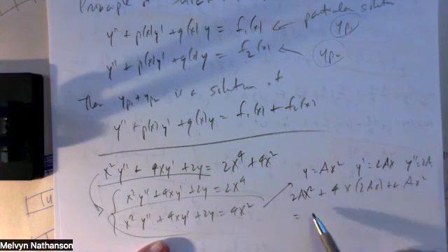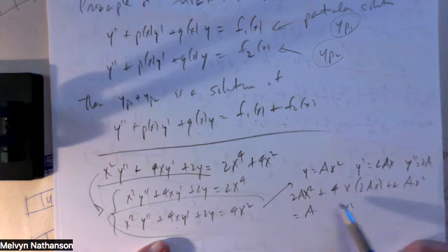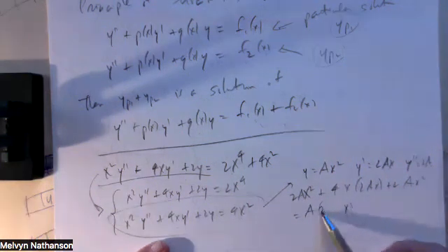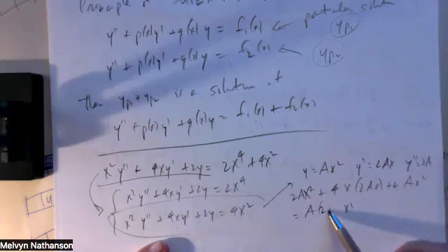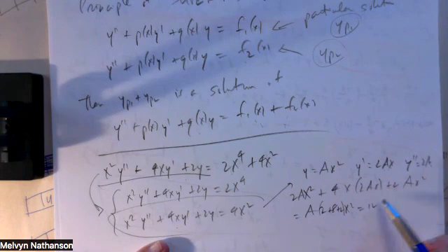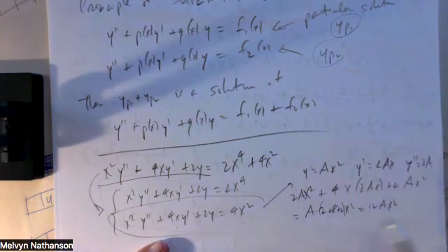So this is something times x squared. Actually, it's something times a times x squared. We have 2 plus 8 plus 2, 12ax squared. And we want that to equal 4x squared.